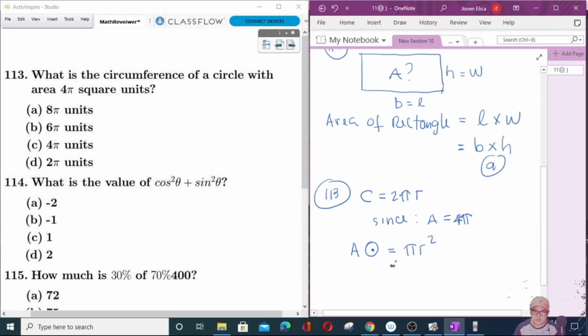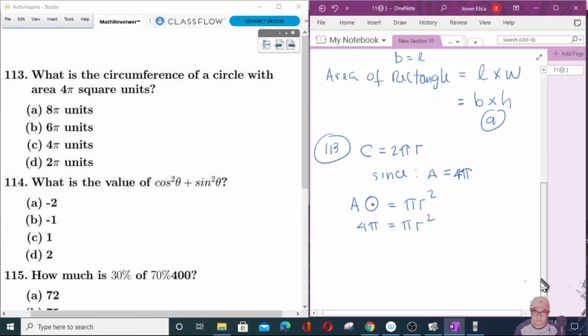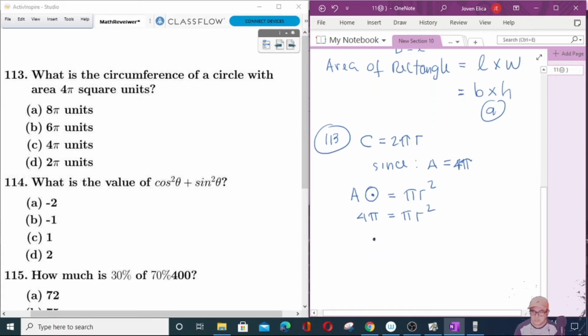Now since the area is given, which is 4 pi, we just equate this: 4 pi equals pi r squared. Let us cancel pi, dividing both sides by pi. So 4 is equal to r squared.